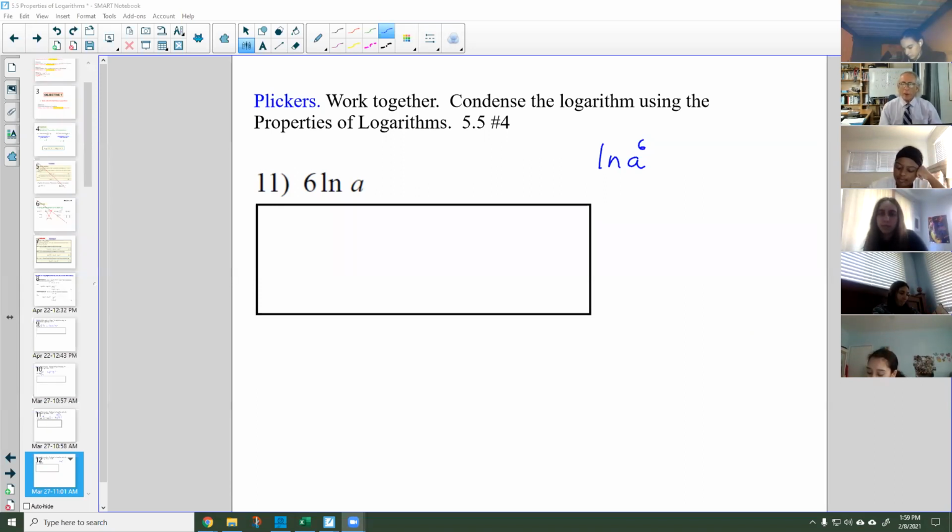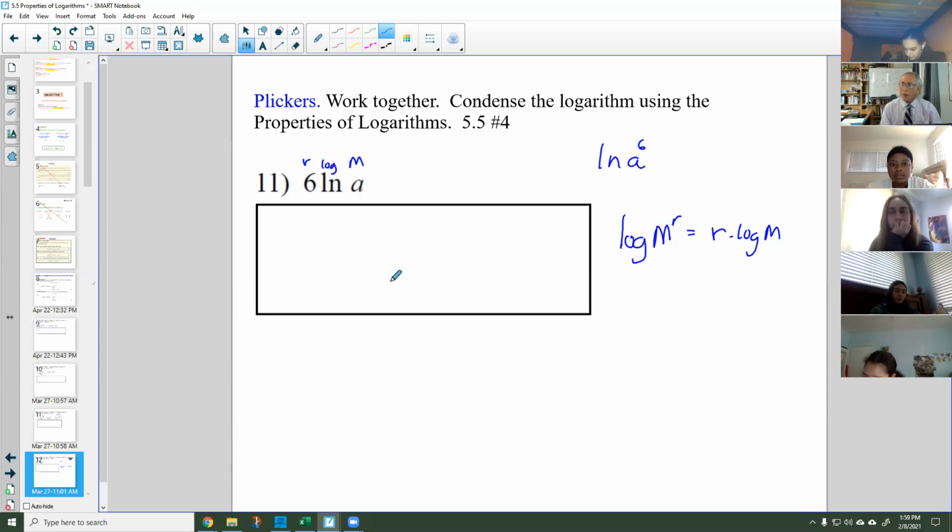Okay. Do you understand that the third property of logarithms is log m to the r is equal to r times log m? Are you okay with that? r log m.